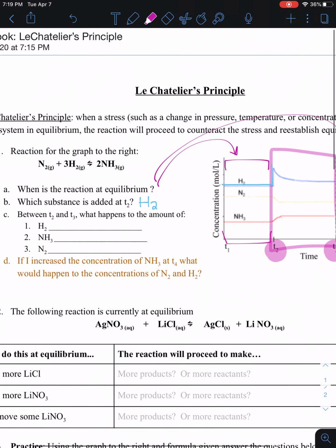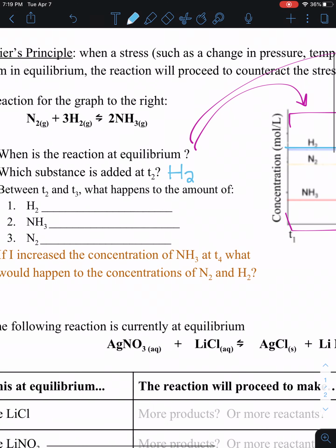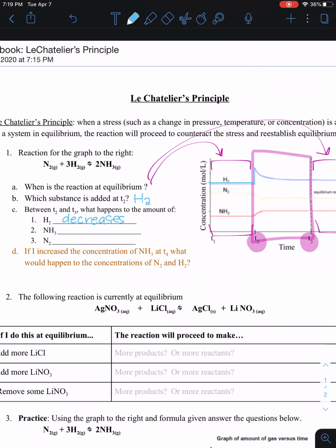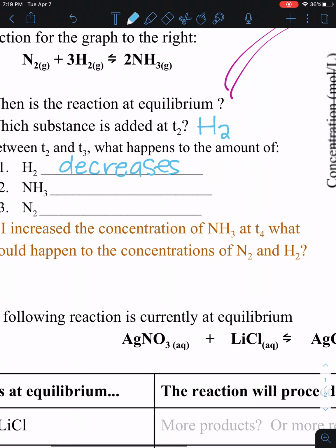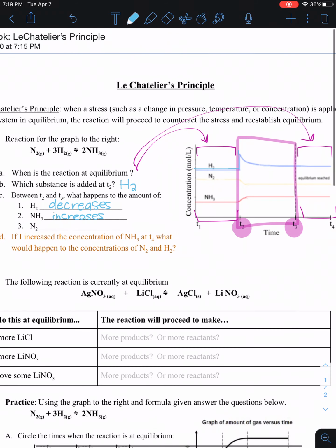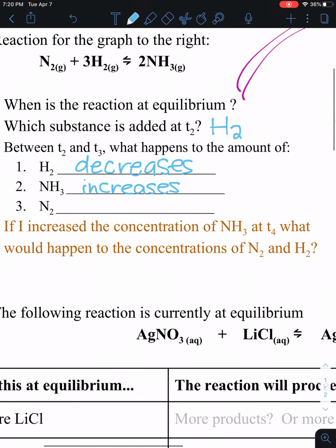So hydrogen, that's the blue, decreases. The ammonia, NH3, that's the red line, goes up, so this would increase. And the N2, the yellow line, goes down.